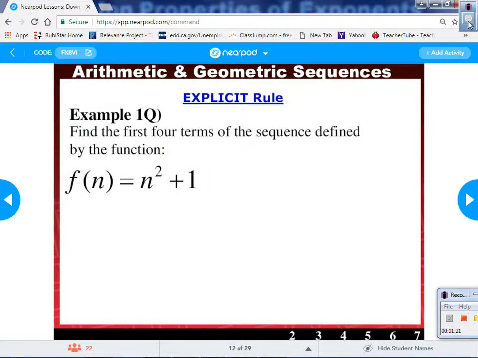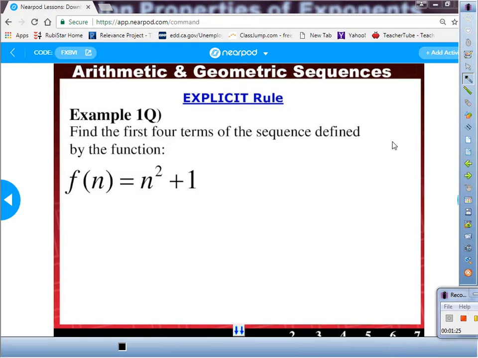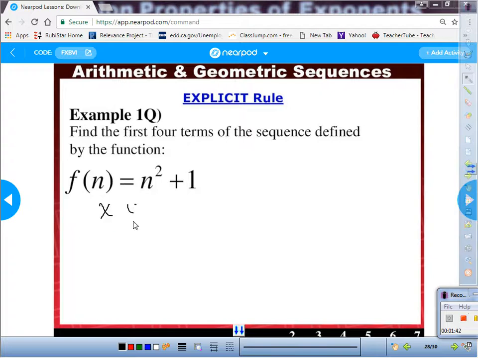Now explicit rule is in function notation. And notice the F right here, which means what? Function. However, when we started with these, I had Ms. V present to you guys the relations and functions. And she said, okay, guys, remember when we did X and Y tables, input-output tables? And then she said, from now on, instead of writing Y, we're going to write F of X because it's in function notation.